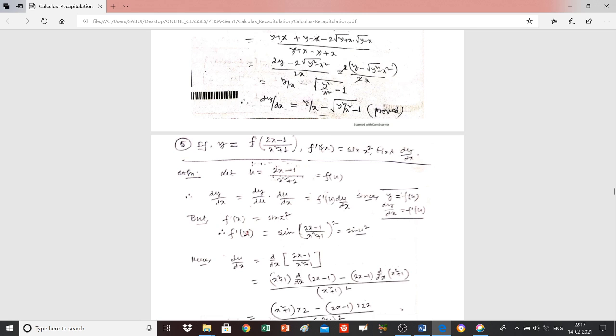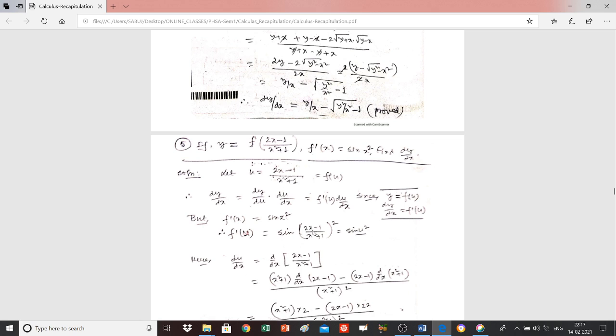And also it is given here that f prime x is equal to sine x square. So f prime u, just replace x by u, that is equal to sine u square, since f prime x is equal to sine x square. Now use the value of u. You have taken the value of u as (2x minus 1) by (x square plus 1).